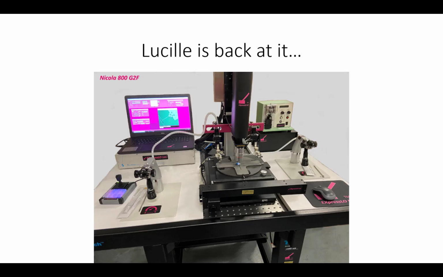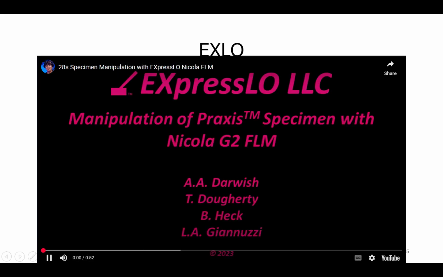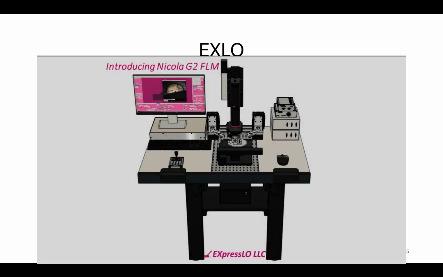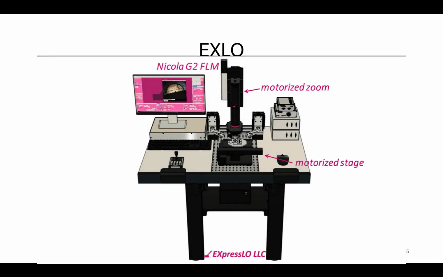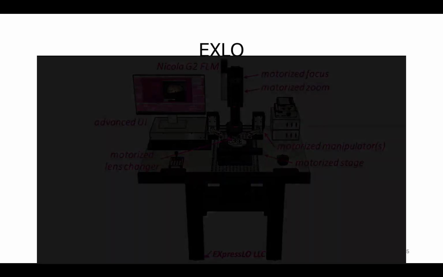So this is a really simple device that just uses a glass rod to lift out samples and drop them off on the grid. And here is a movie of it in action, so you can see how fast it is to do the drop off. I think she's going to pull this off in like 30 seconds. Yeah, it's got a little built-in microscope, motorized lens changer, motorized manipulators.